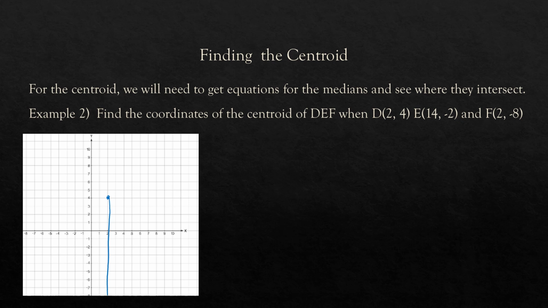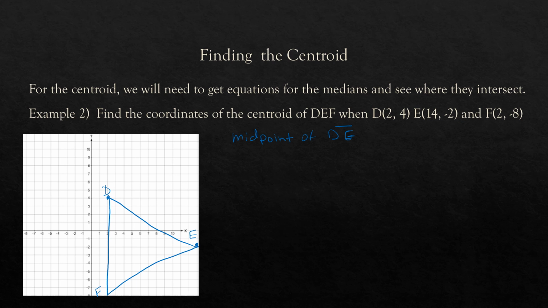So here is our triangle. Okay, so again, this was D, E, and F. We're going to start with the midpoint of DE. So how do we find the midpoint, the point in the middle of this line?